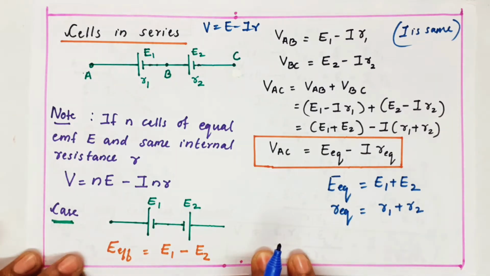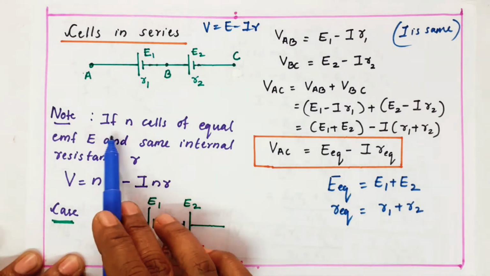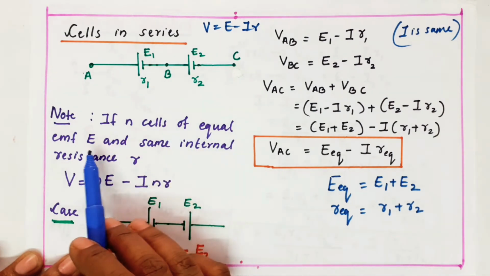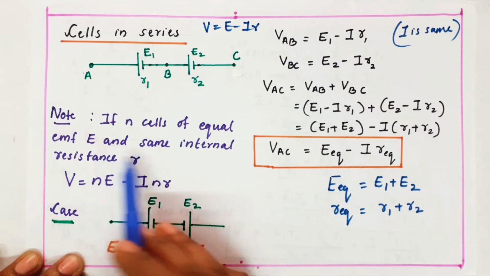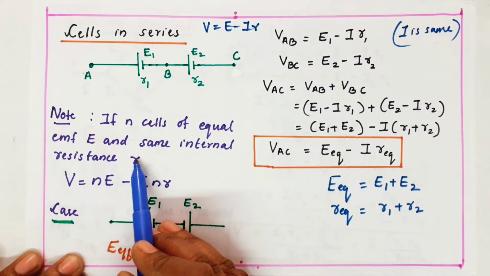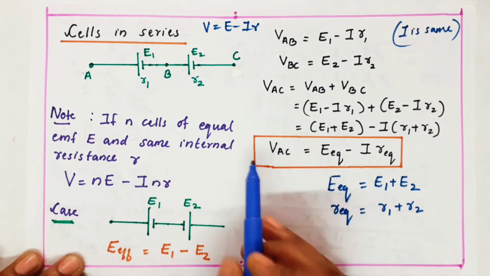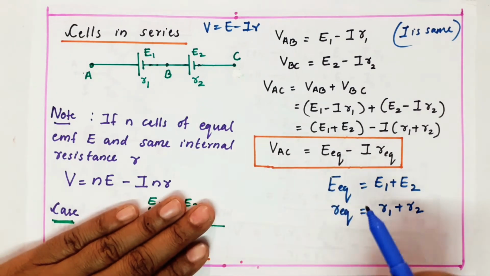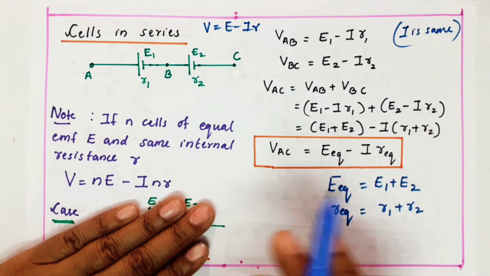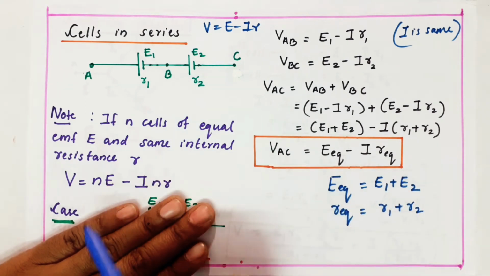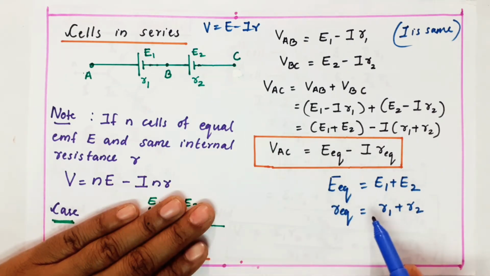Now take the case where n cells of equal EMF E and the same internal resistance R are connected. I can write E plus E plus E, and so on for n cells, so it will be nE. Similarly, R plus R and so on gives nR.